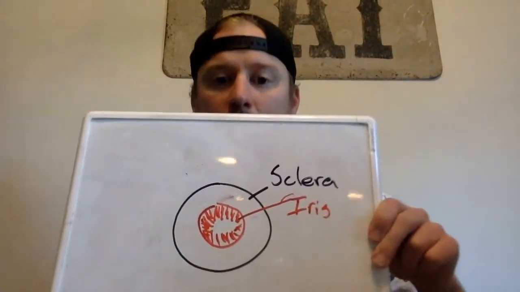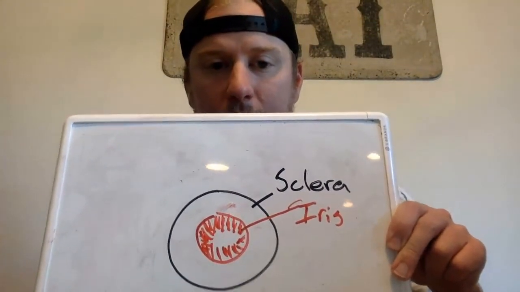If you look super close, your iris has all these little pieces that almost look like thread on the inside of the eye. That part right there is called the iris.